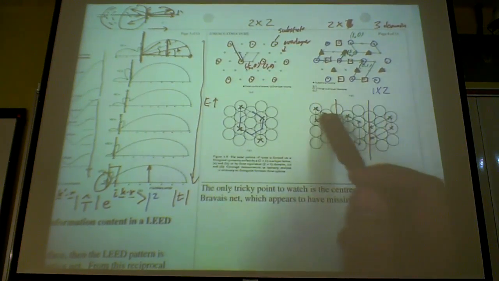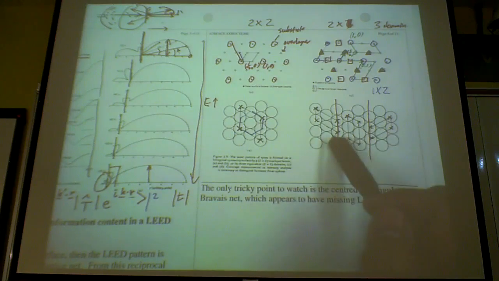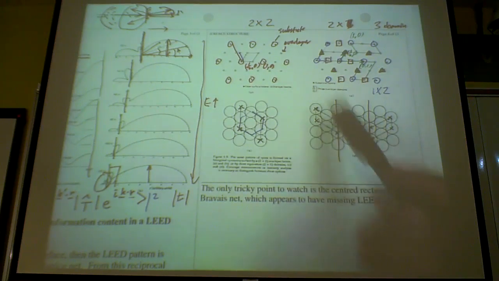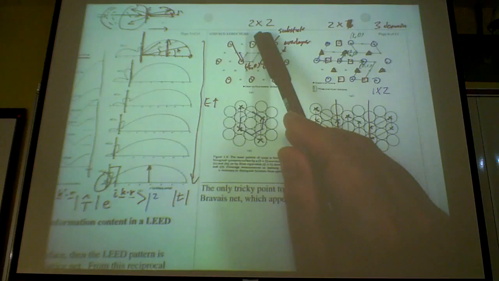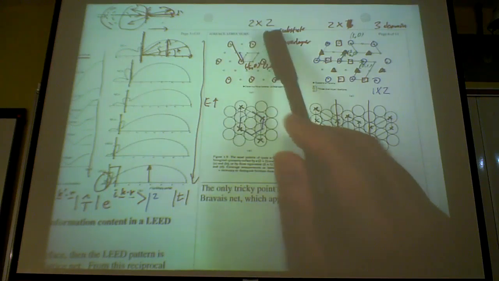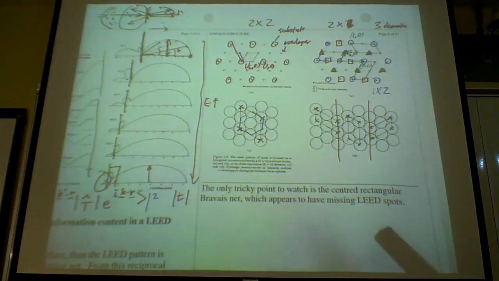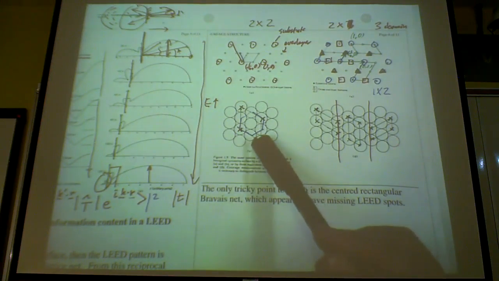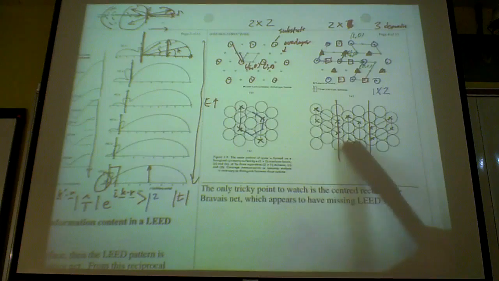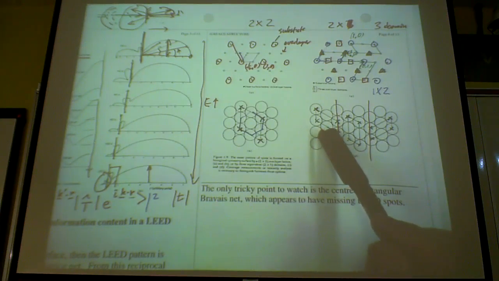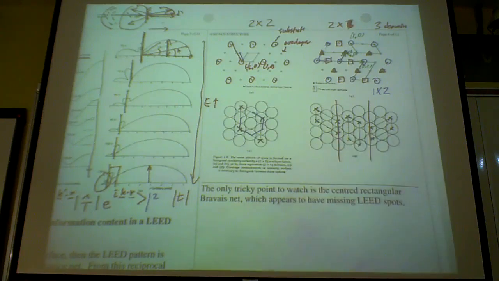And if you sum all 3 domains together, you will generate a reciprocal space pattern that looks exactly like a 2 by 2. So in other words, if you just see a 2 by 2 pattern, you cannot tell whether you have this or 3 separate types of domain overlapping each other, as examined by the LEED.